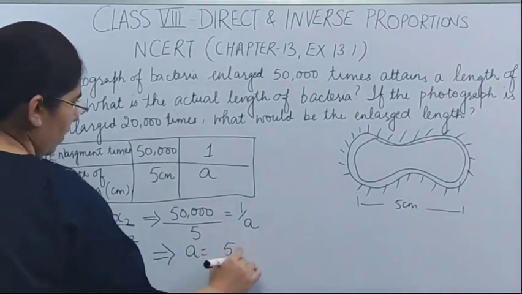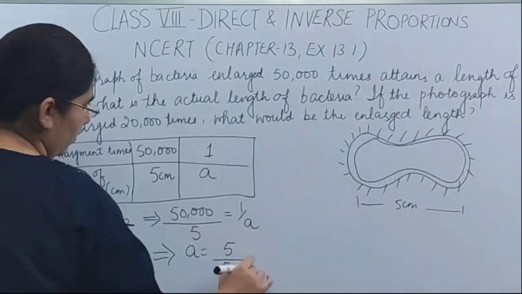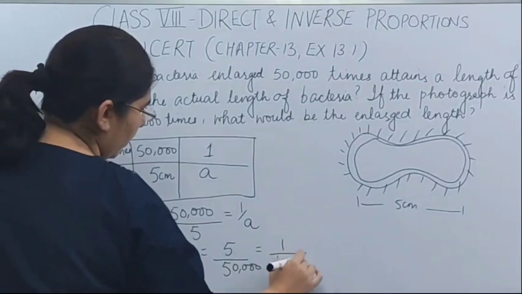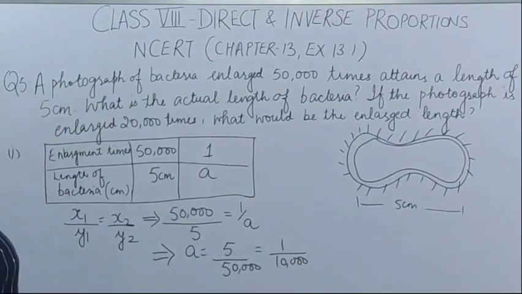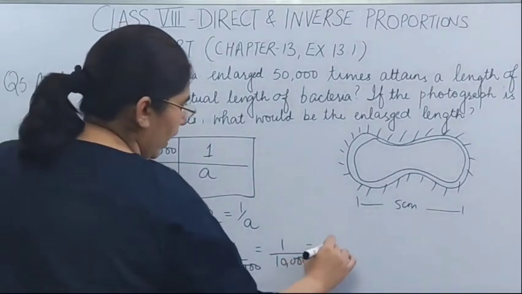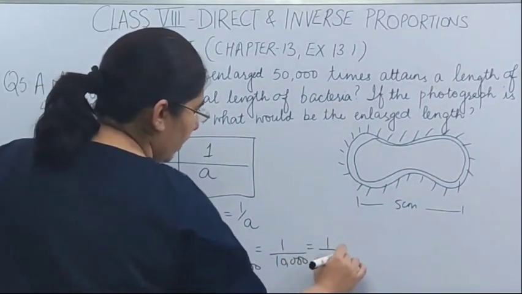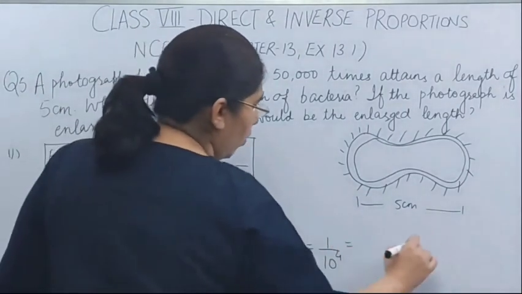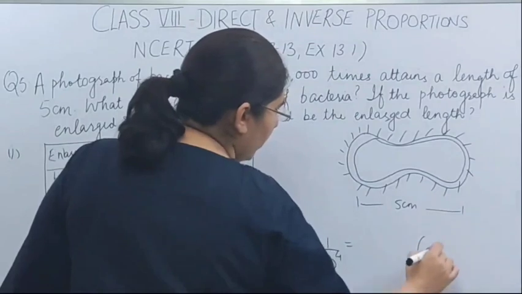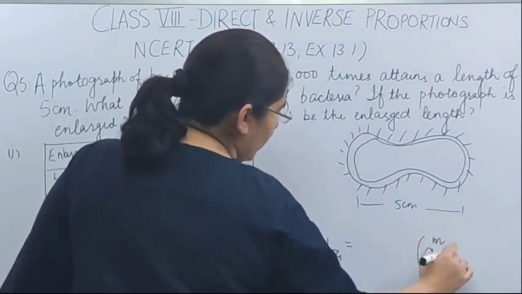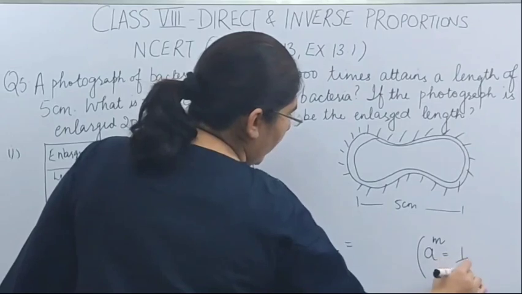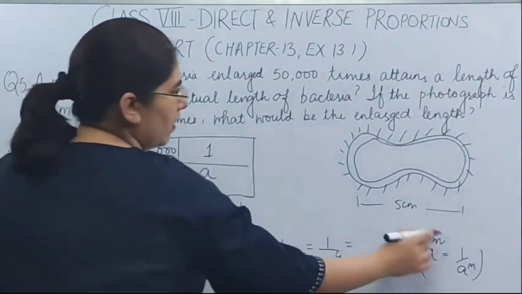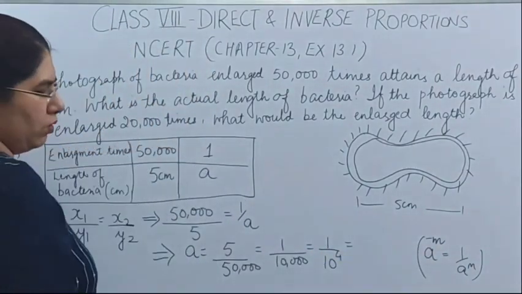5 upon 50,000, that is equal to 1 upon 10,000. How can you write 1 upon 10,000? Can I write it as 1 upon 10 to the power 4? And we know that A to the power minus m is equal to 1 upon A to the power m.